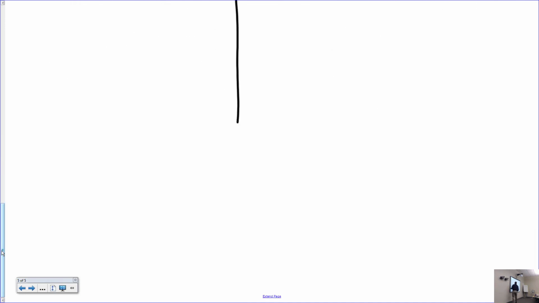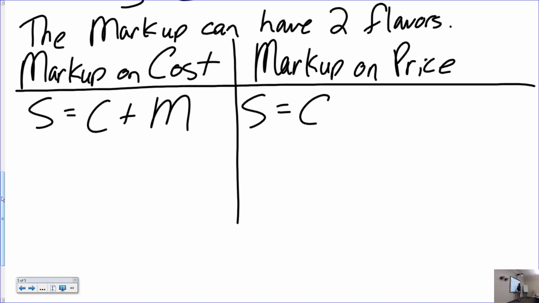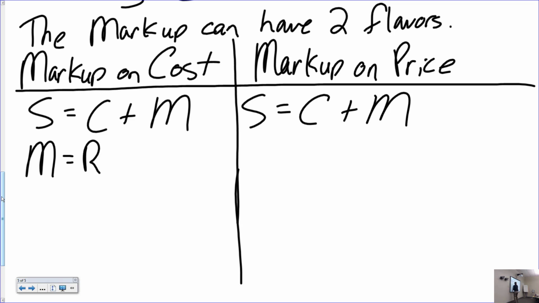Okay. So this is true in both worlds, right? No matter what, that's always true. Okay, the selling price is always cost plus the markup. So that basic math equation can't change. The difference here is that when your markup is on cost, your markup is defined as the rate times the cost. And the rate is your percentage markup. Okay?